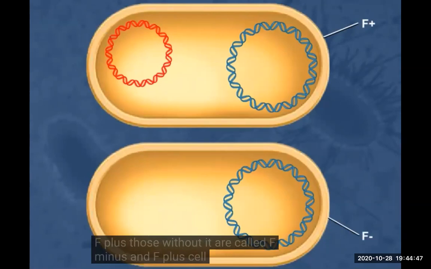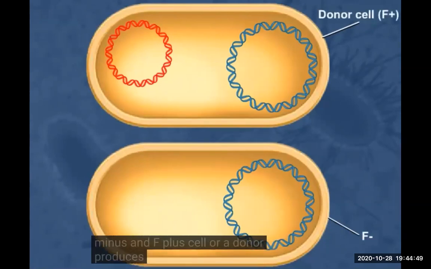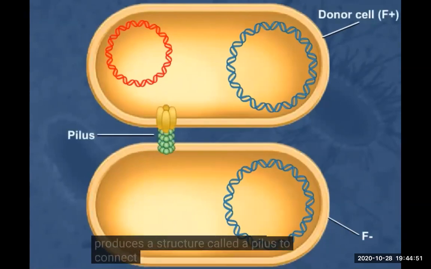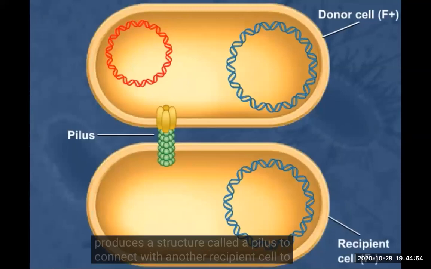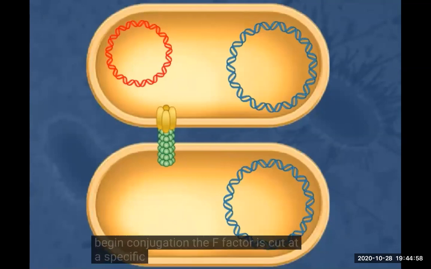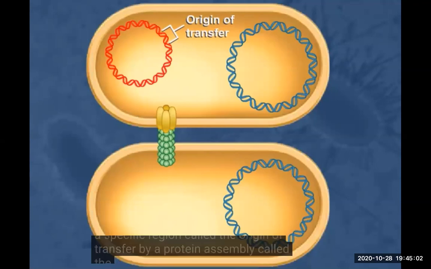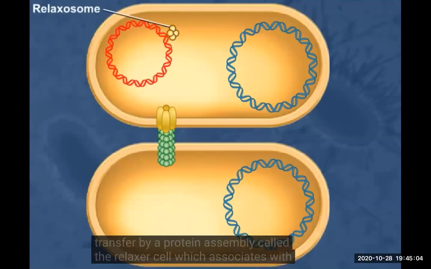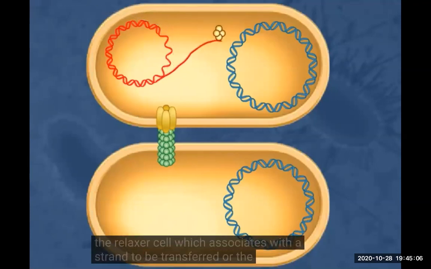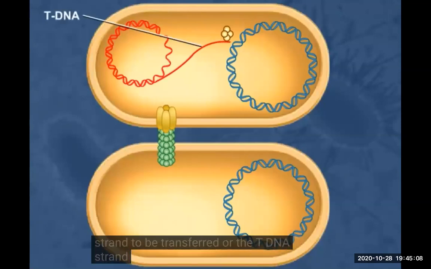An F+ cell, or donor, produces a structure called a pilus to connect with another recipient cell. To begin conjugation, the F factor is cut at a specific region called the origin of transfer by a protein assembly called the relaxosome, which associates with the strand to be transferred, or the tDNA strand.